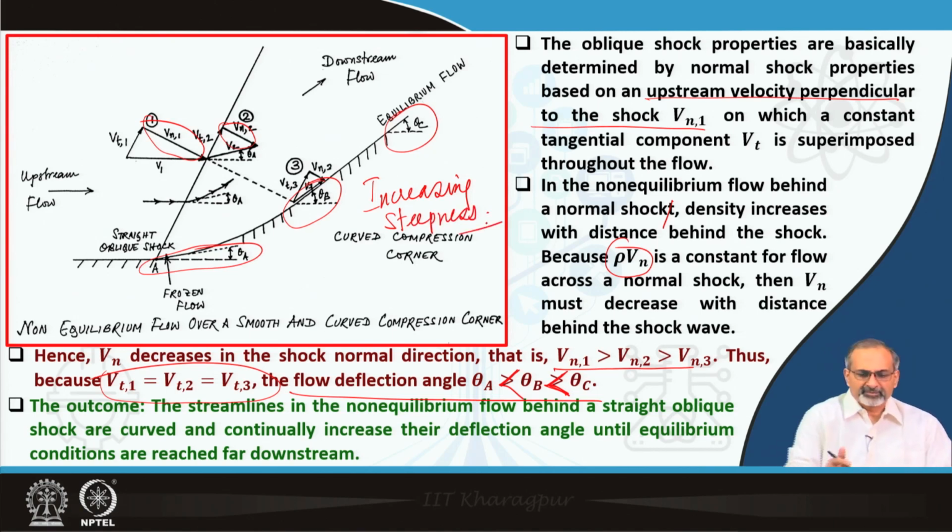The outcome is the streamlines in the non-equilibrium flow behind a straight oblique shock are curved and continually increase their deflection angle until equilibrium conditions are reached far downstream, and the root cause is that the V n 1 that is produced behind the shock continuously keeps decreasing because of the density rise.